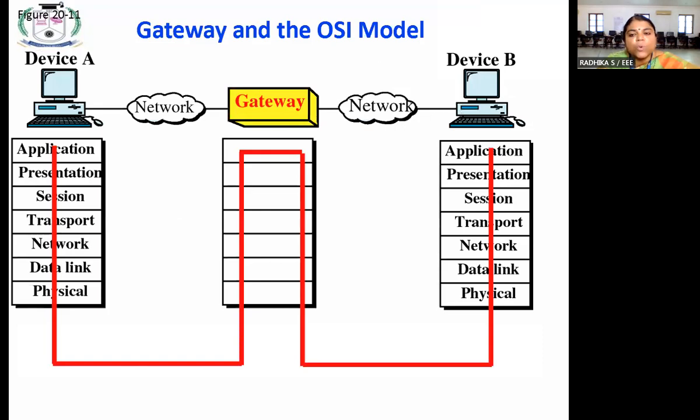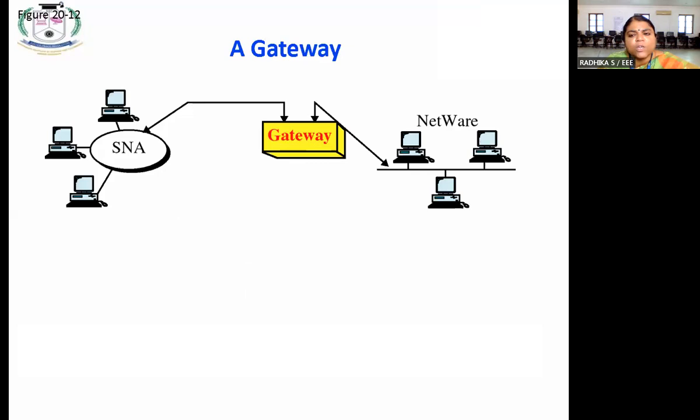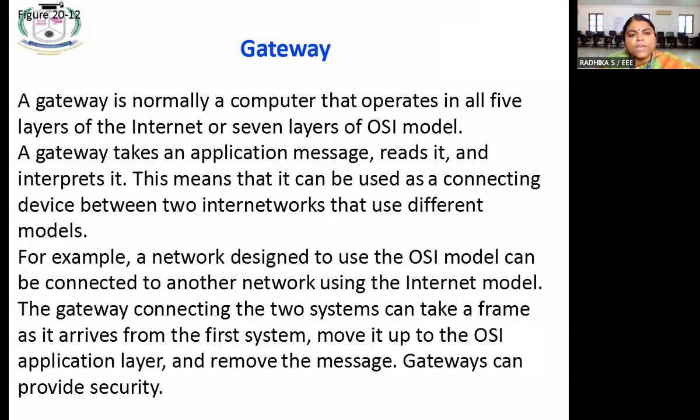Now we'll move on to gateway. What is actually a gateway? A gateway is available in a computer, and it is the connecting device meant for all 5 layers of the internet, or it could be the 7 layers as per the OSI model. It is meant for connecting 2 devices which differ in their protocol.